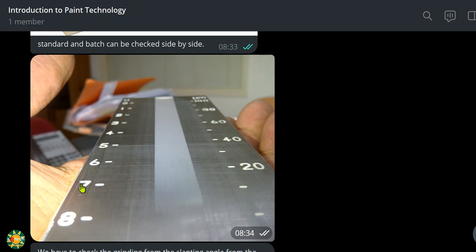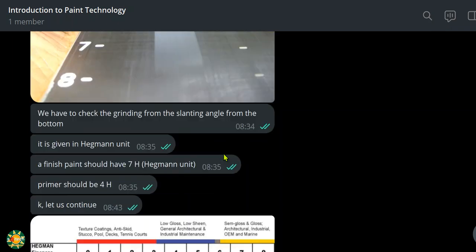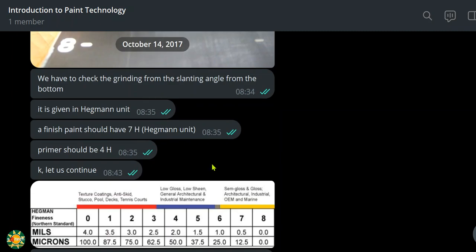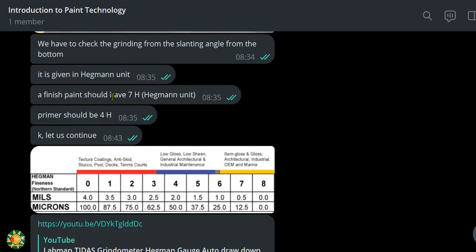For a finish you must achieve 7, and for primer it can be around 4. So this is the way you have to maintain it. And in fact we have to check the grinding from the slanting angle from the bottom. So this is the way you have to do it.